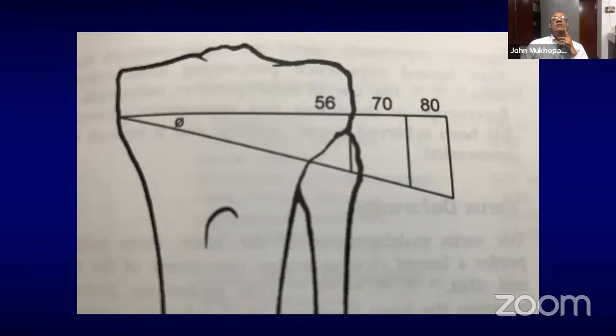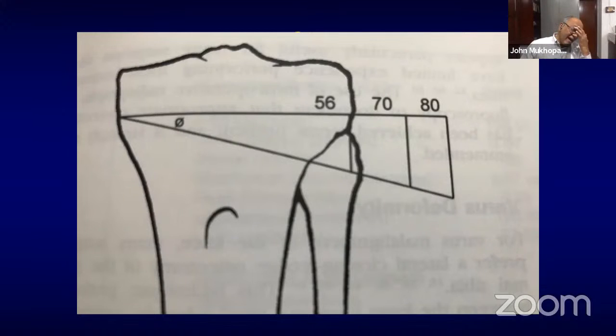The third thing was the way that one calculated the wedges. Generally, it was taught in earlier days that 1 centimeter taken from the lateral side was equal to about a 10-degree correction.